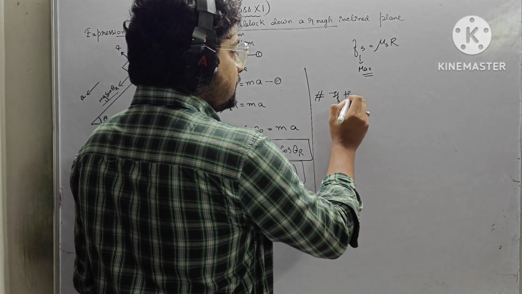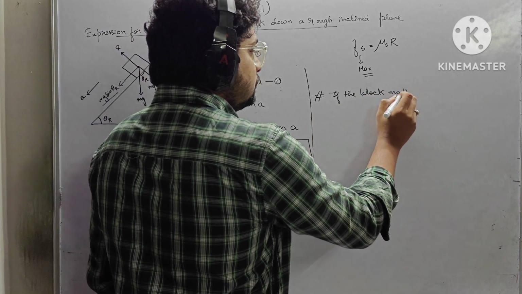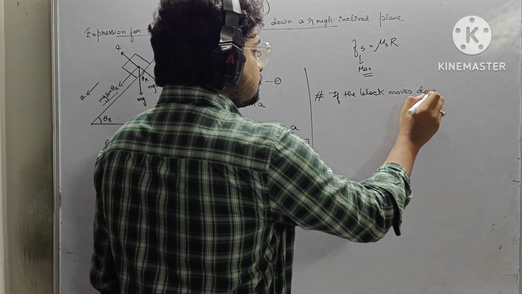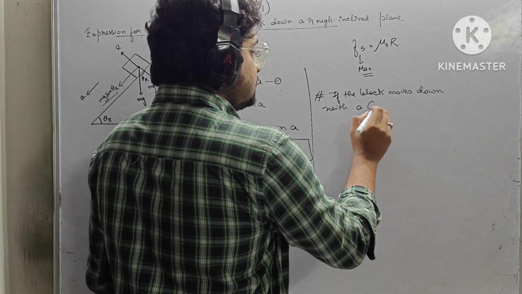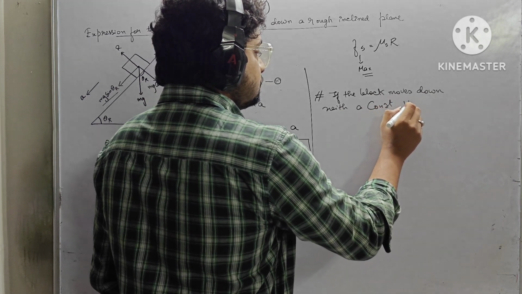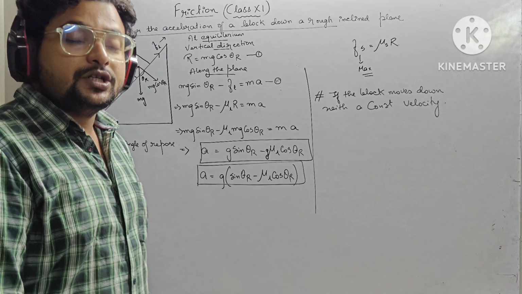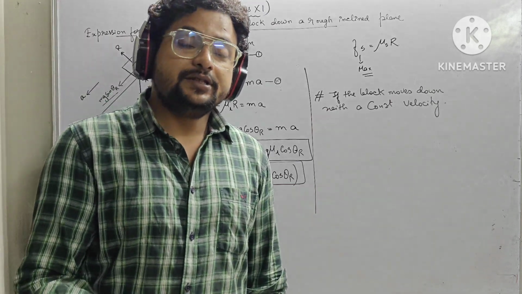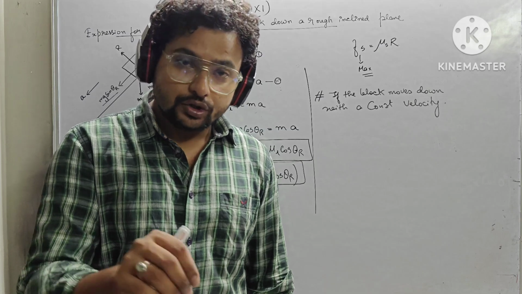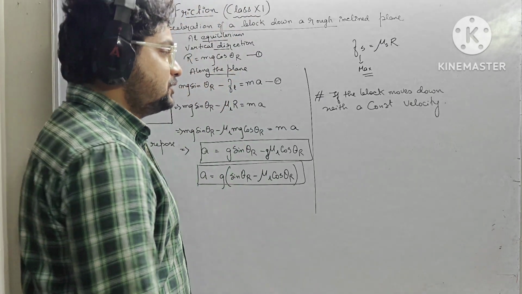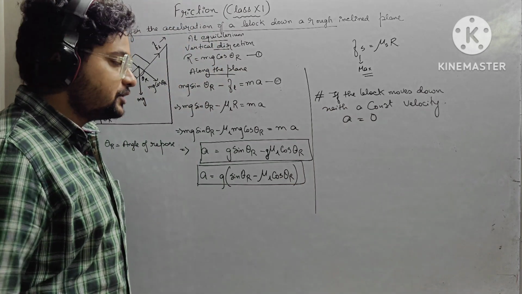So if the block moves down with a constant velocity, that means there is no acceleration, and in that case you see what is going to happen. Acceleration is 0 because the velocity is constant.